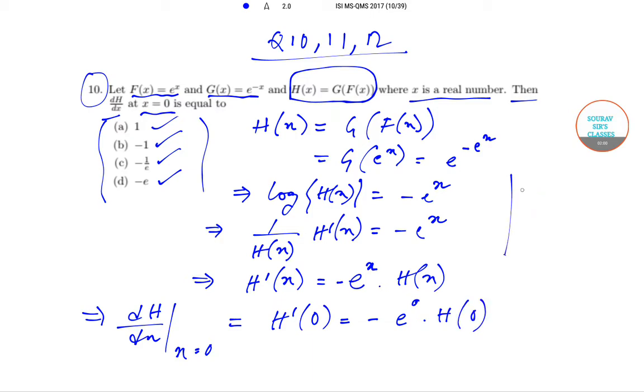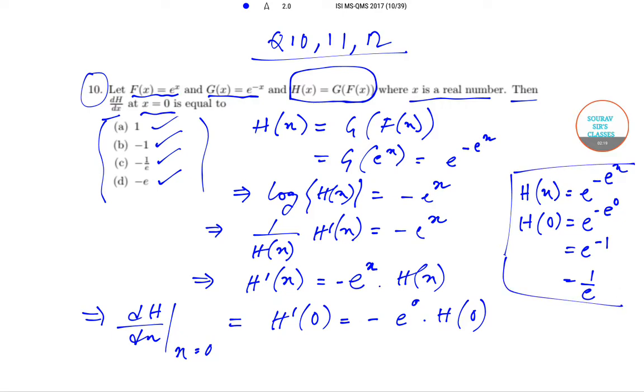Now we know that h of x is equal to e to the power minus e to the power x. So this implies that h of 0 is nothing but e to the power minus of e to the power 0, which is e to the power minus of 1, which is equal to 1 by e. So this implies that minus of 1 into 1 by e, so it will be equal to minus of 1 by e, which is nothing but option C.